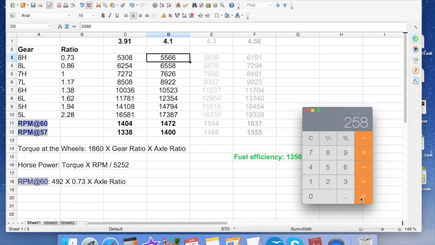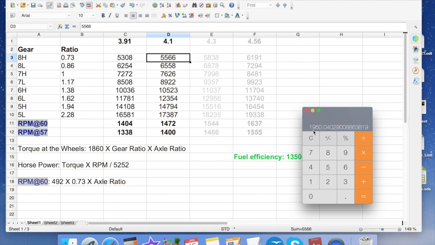We gain 258 pounds per foot of torque at the wheels with 4.10 versus 3.91, right? So 5566 divided by 3.91 divided by 0.73.